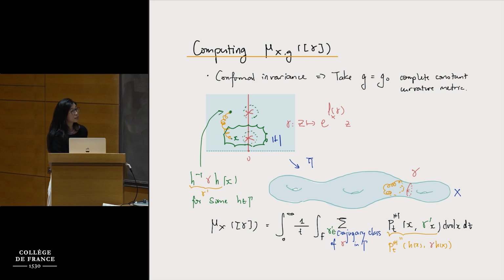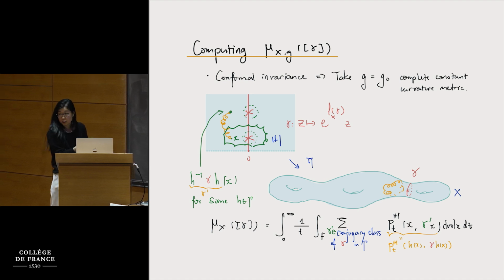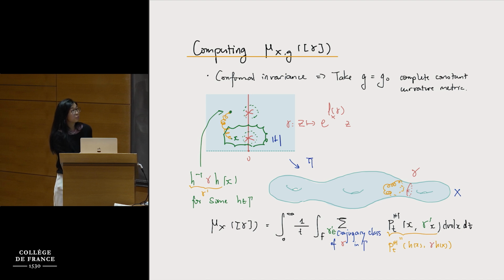And how much? That is the heat kernel w_t from x to gamma prime x. So its total mass is just given by this heat kernel, averaging over time and the starting point. Now the starting point is chosen from the fundamental domain, but I have to add up all the elements in the conjugacy class.